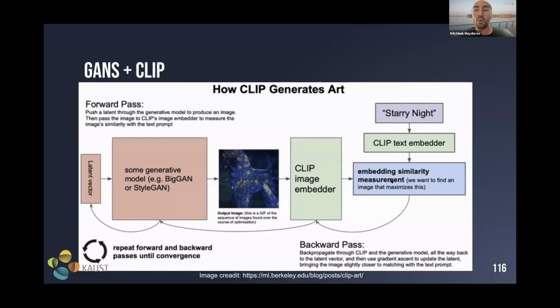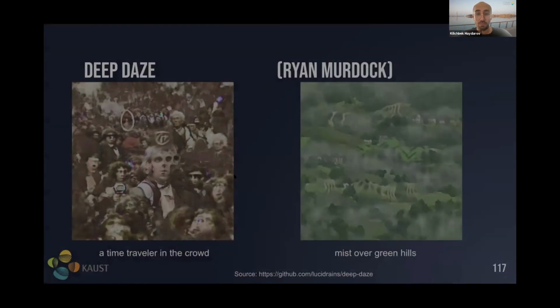In this way, we obtain two embeddings and compute a similarity measurement. We want to maximize this similarity metric, and once we compute it, we give feedback to the generator on how close we are to the textual description, or how far away. In this way, we try to optimize the output image.